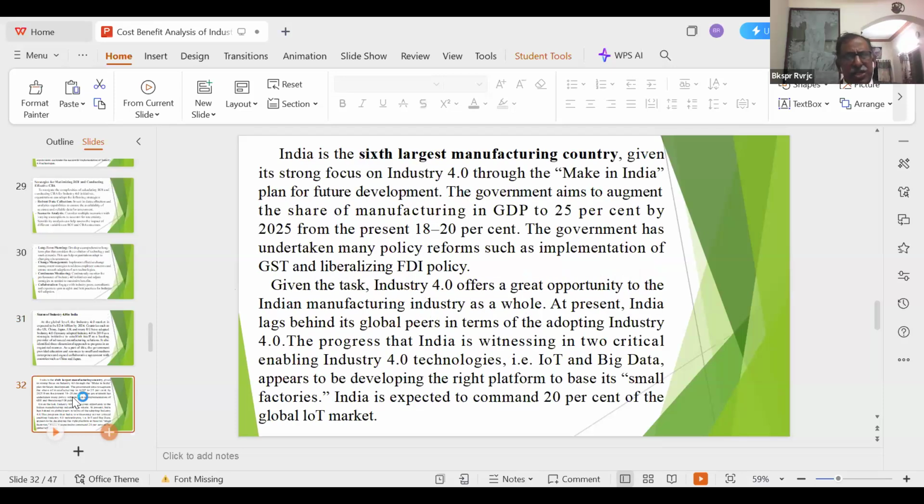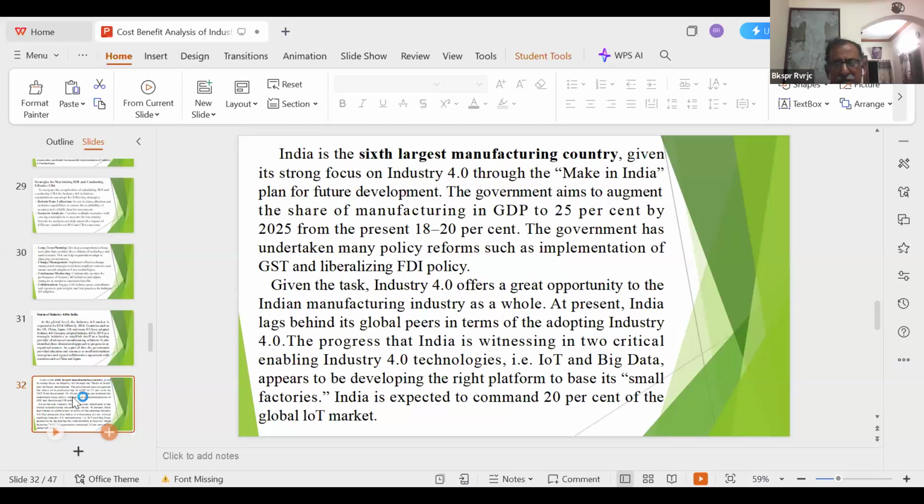India is the sixth largest manufacturing country in the globe. Given its strong focus on Industry 4.0 through the Make in India plan for future development, the government aims to augment the share of manufacturing in GDP to 25% by 2025 from the present 18 to 20%.